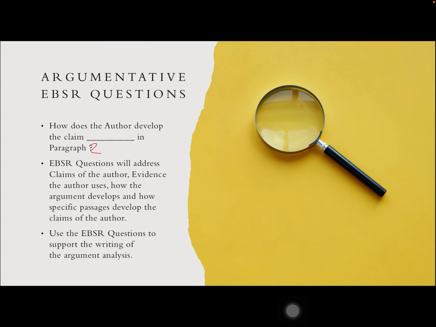It might say, in paragraph 2, how does the author support their claim? And you would have to identify evidence. You might have to identify the minor claim. You might also have questions about the claims of the author, the evidence the author uses, how the argument develops, and how the specific passage developed the claims of the author.